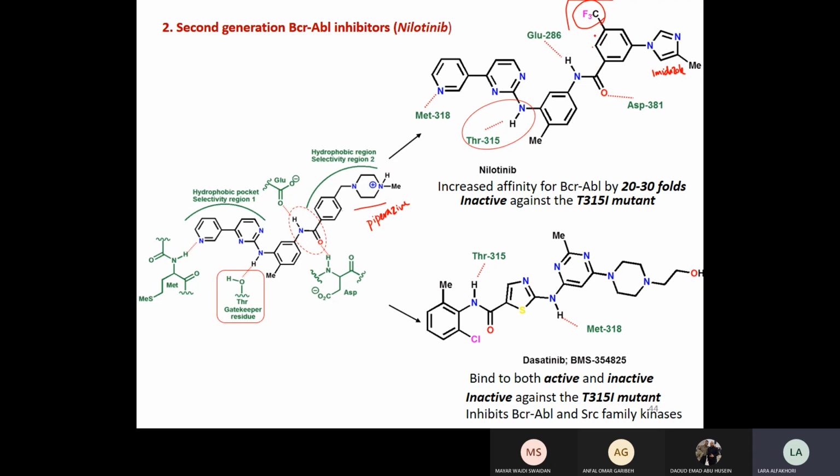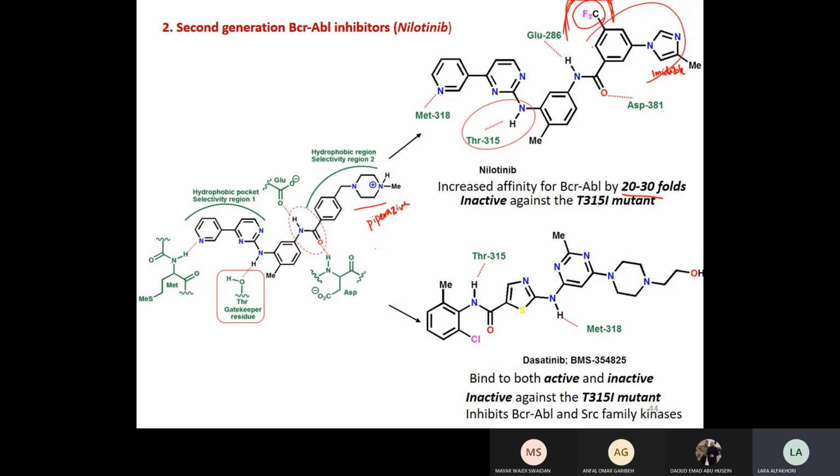In the same allosteric site there is a hydrophobic pocket that branches off from the allosteric site, and when they added that trifluoromethyl, it was able to reach that hydrophobic pocket, increasing the overall binding affinity of the drug. Nilotinib has a binding affinity that is almost 20 to 30 fold higher than imatinib.